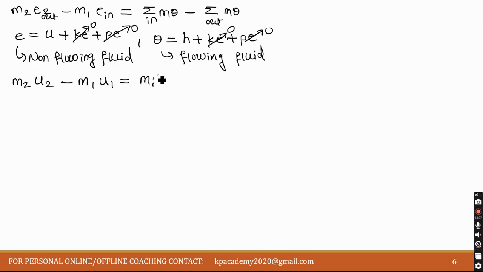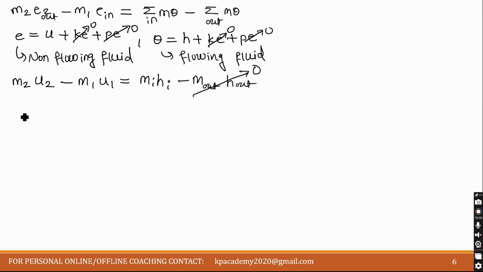So mi hi minus mo h out. Okay, so that is the scenario we have, right? Now as the fluid is not coming out of the tank, this becomes 0, right? Mass is not coming out of the tank, that's why m out becomes 0, isn't it?